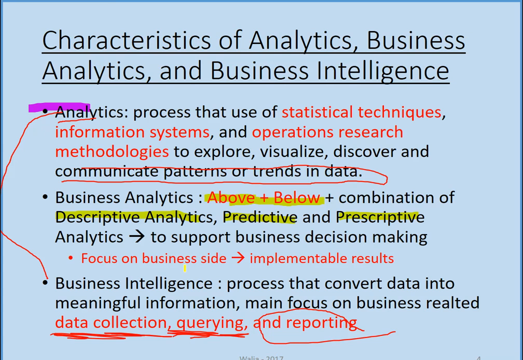So our goal is to solve business problems, to enable decision makers to take decisions, and to produce implementable results which the business can apply. Like, you want to make a prediction that this product's sales would be this much in the coming holiday season, so that means increase the production, or some other form of implementable result.